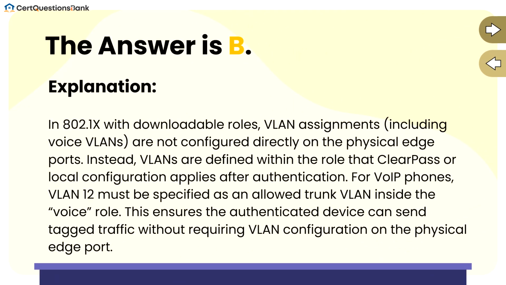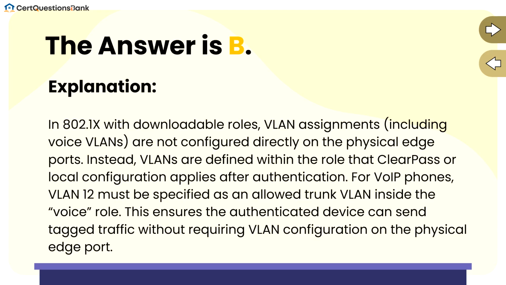The answer is B. In 802.1x with downloadable roles, VLAN assignments, including voice VLANs, are not configured directly on the physical edge ports. Instead, VLANs are defined within the role that ClearPass or local configuration applies after authentication.